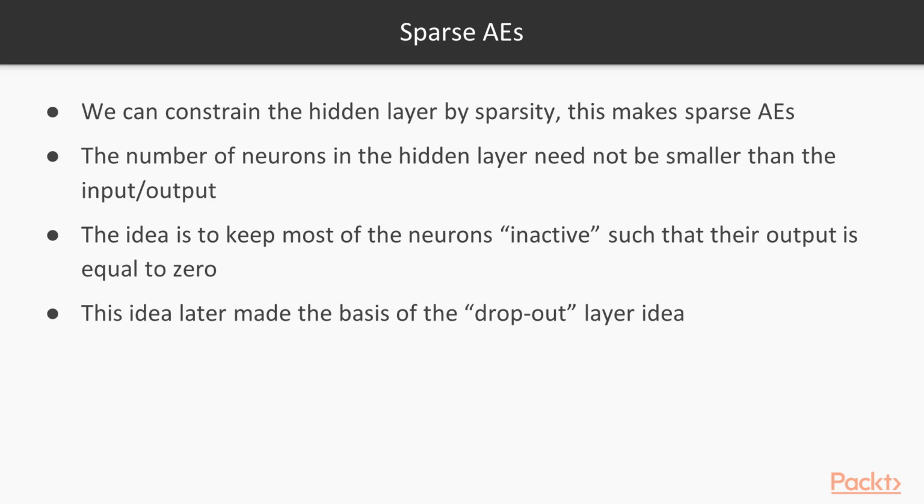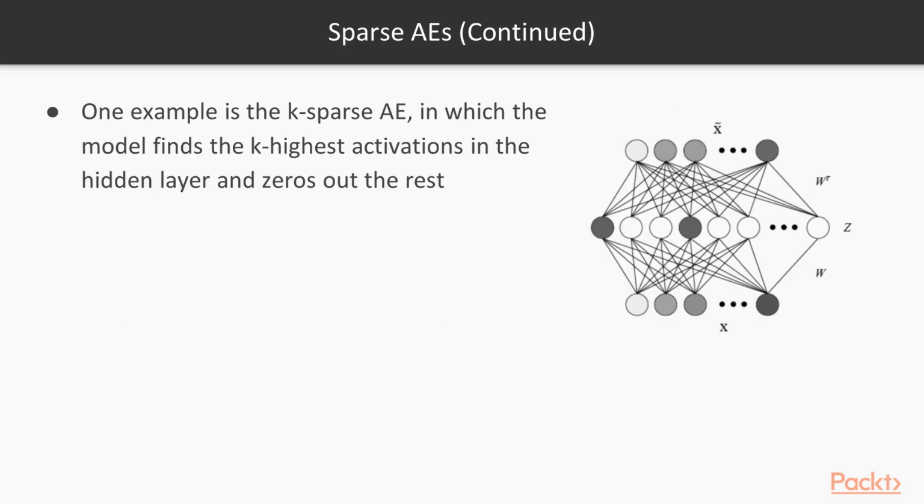This idea of deactivating some of the neurons is similar to adding the dropout layer, which is used in neural networks to prevent overfitting. One example of sparse autoencoders is the K-sparse autoencoder, in which the model finds the K highest activations in the hidden layer and zeroes out the rest.